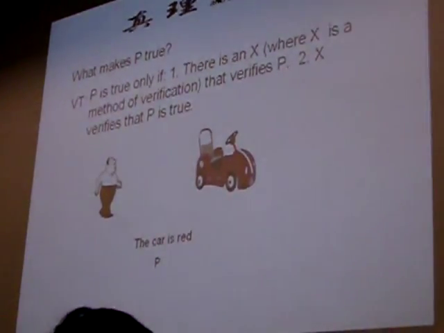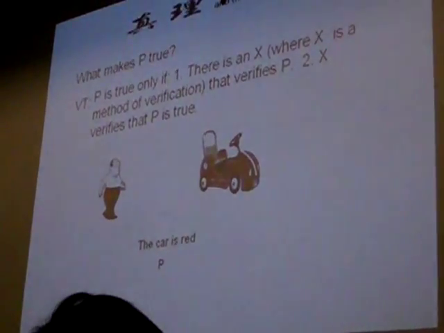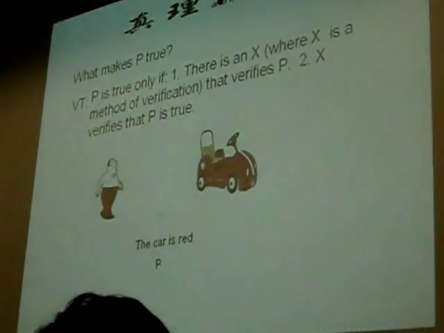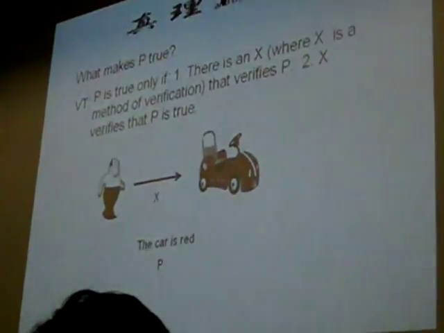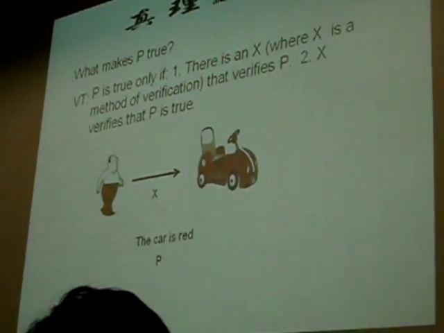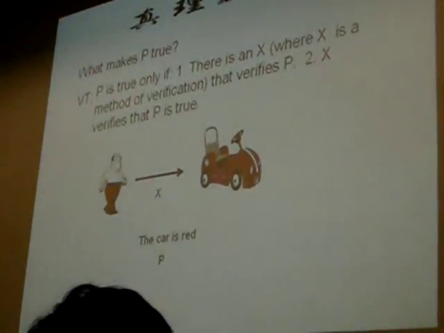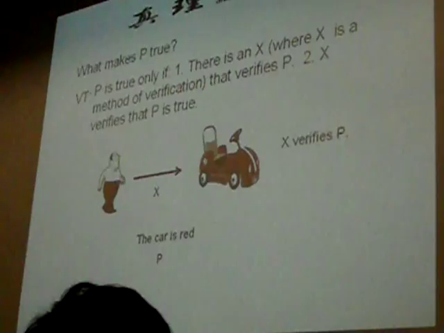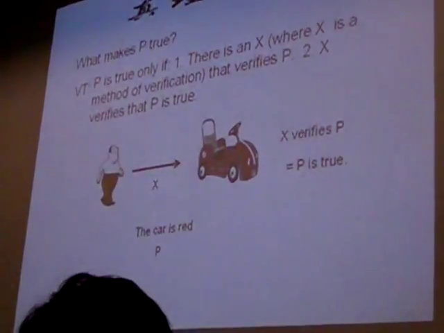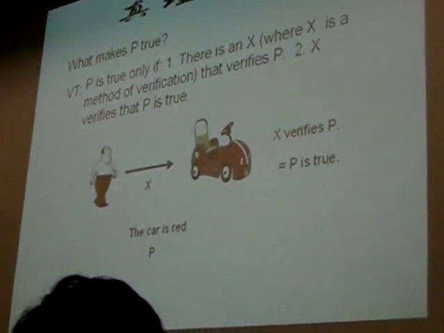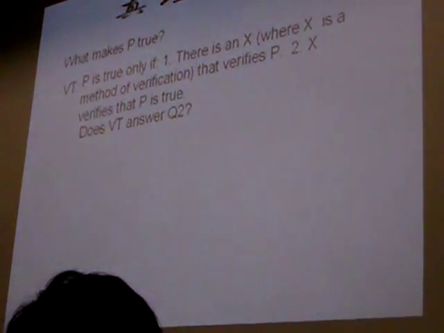So, supposing you have this proposition, the car is red. Is there a method that would verify whether or not this proposition is true? Yes, there is. The method is empirical observation. So there is an X that could verify whether or not P is true. So given that it satisfies the criterion, P is true.